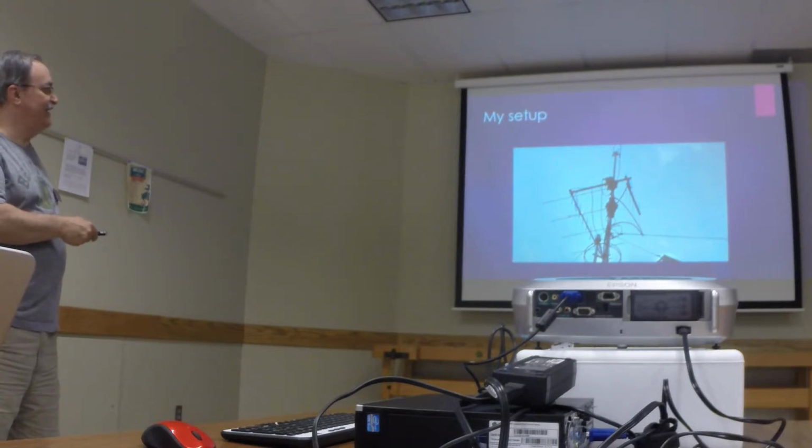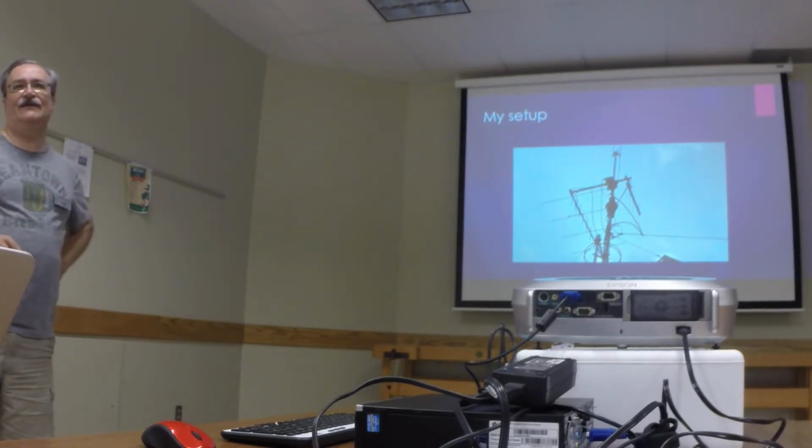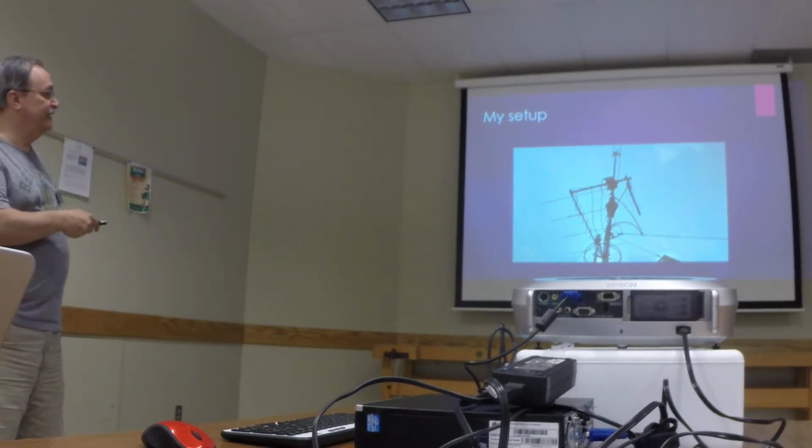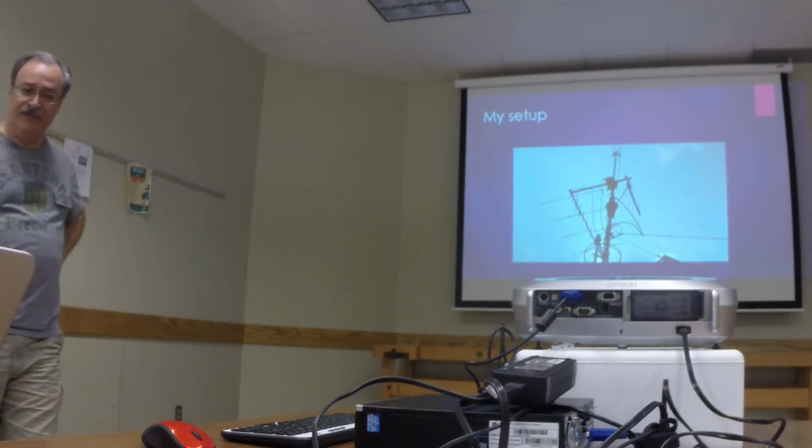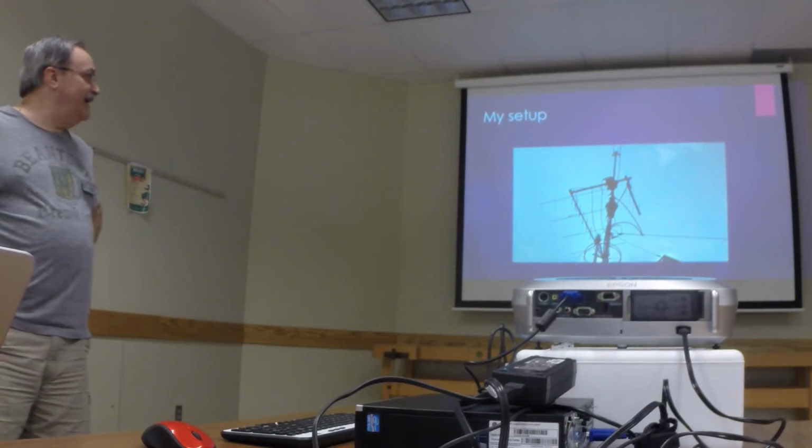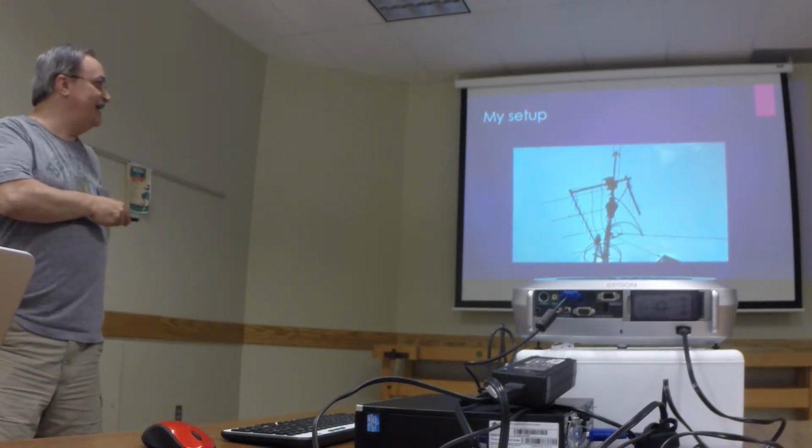And this is, there's a company called Arrow Antenna out of Montana, I think it is, or Wyoming. And Arrow Antenna is usually at Dayton. And these are meant to be handheld.